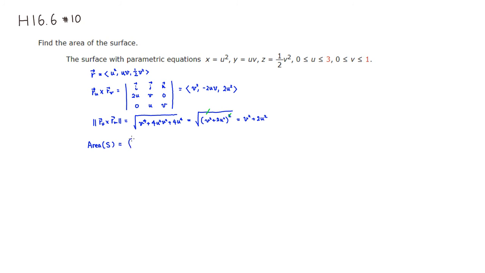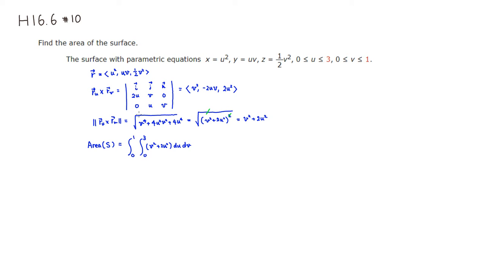So we have a double integral of v squared plus 2u squared with respect to u, then with respect to v. u goes from 0 to 3, and v goes from 0 to 1.